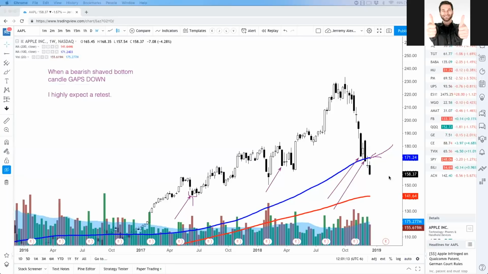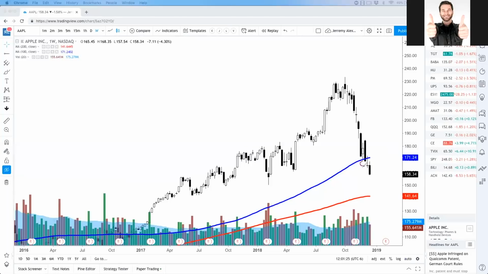Once it broke that 100 and I knew we got stopped out, I was like, okay, guys, Apple is going to go much lower. What's beautiful about this is we can see a bearish shaved bottom candle gapped down on a weekly chart, which means Friday to Monday, it gapped down. And what did it do? Very beautiful retest.